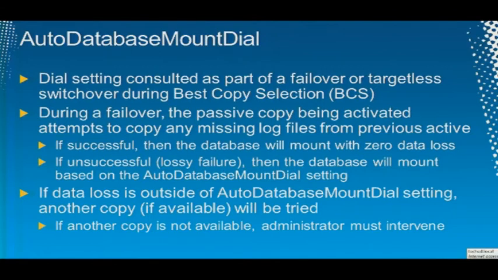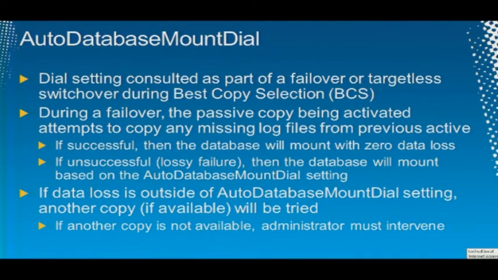And what that does is if I've got a failure of my active database and I'm activating this passive one over here, as part of that activation process, Active Manager goes back to the original active database and tries to copy over any log files that are missing by this passive copy it wants to activate. Maybe it'll be successful, maybe it won't be. That's simply going to be based on the nature of the failure. If the disk containing the database and the log files went away, it's not going to be successful.